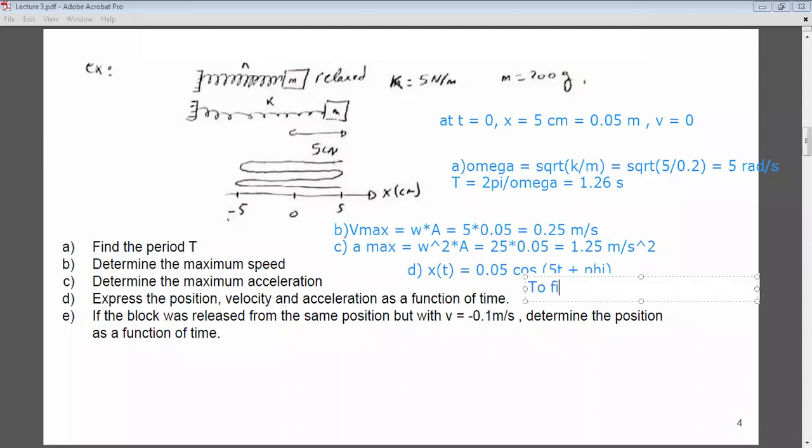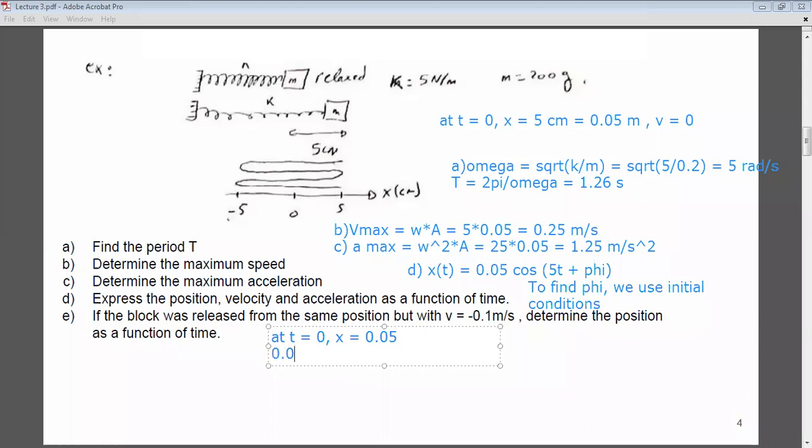To find phi, we use initial conditions. Now, what are my initial conditions? At t equal to 0, x is equal to 0.05, right? So let's plug this in the equation.